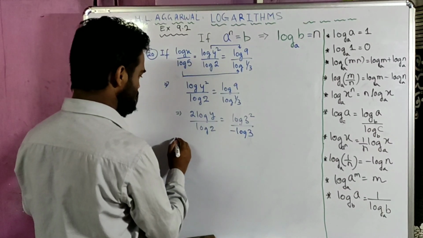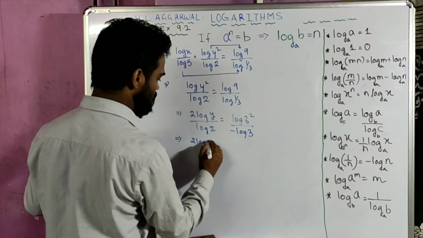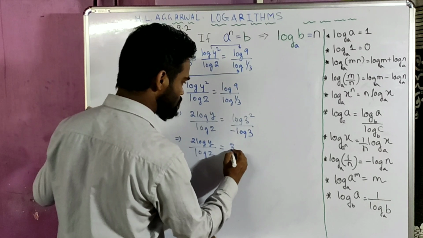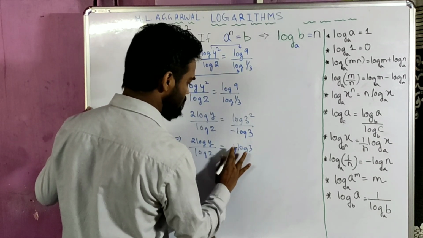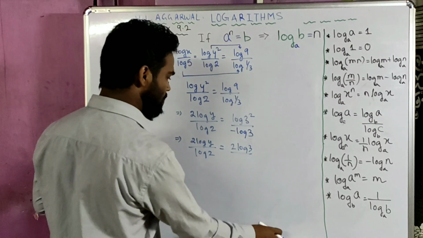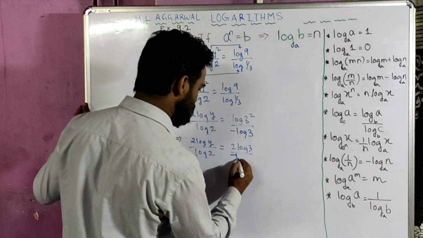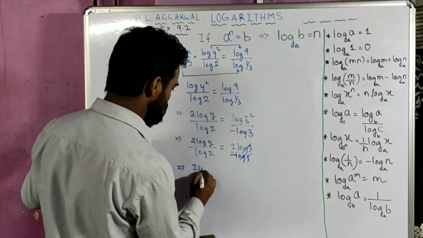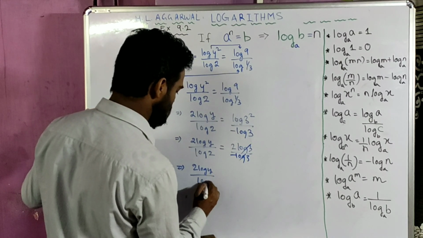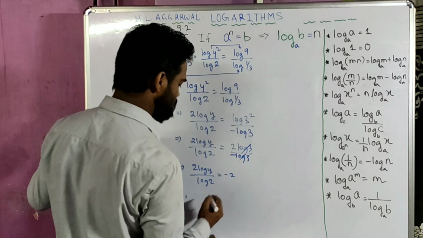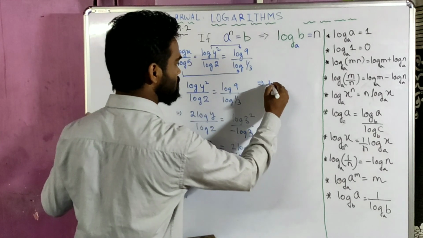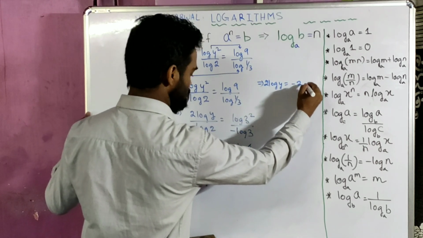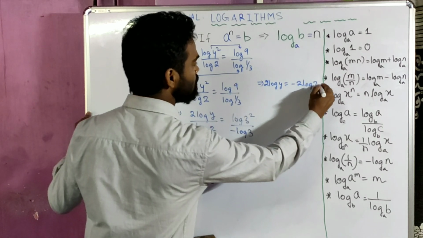So this becomes 2 log y by log 2 equals 2 log 3 by minus log 3. Log 3 cancels out, so 2 log y by log 2 equals minus 2. Am I correct? Which means, can I write 2 log y equals minus 2 log 2.